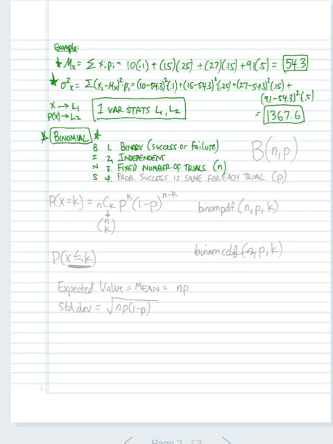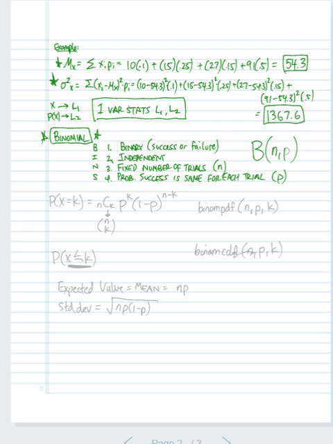And then S is that the probability of success is the same for each trial. Now this probability of success for each trial, we will usually use lowercase p to represent that. So in general, when you want to identify a binomial distribution, we use capital B, and the two parameters we put in parentheses are n, the fixed number of trials, and p, the probability of success for each trial.